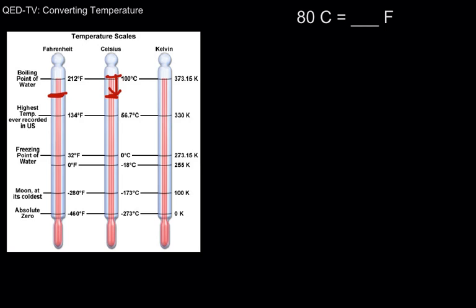You just have to remember in this problem which one you compared it to. We're going to compare it to boiling, and we're going to say it's 20 degrees of Celsius below the boiling point. That is what we're going to convert. So we're going to use a conversion factor, and I need Celsius on the bottom so that it cancels out.